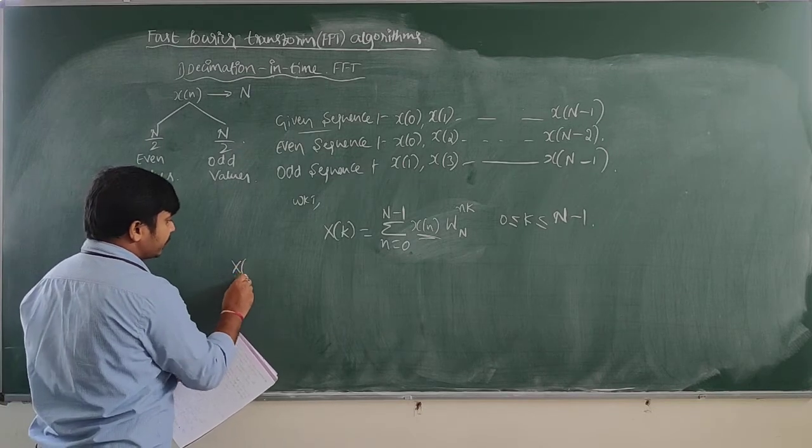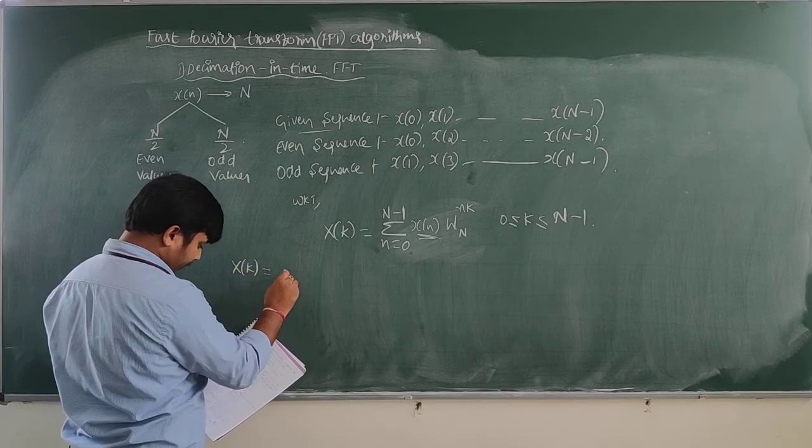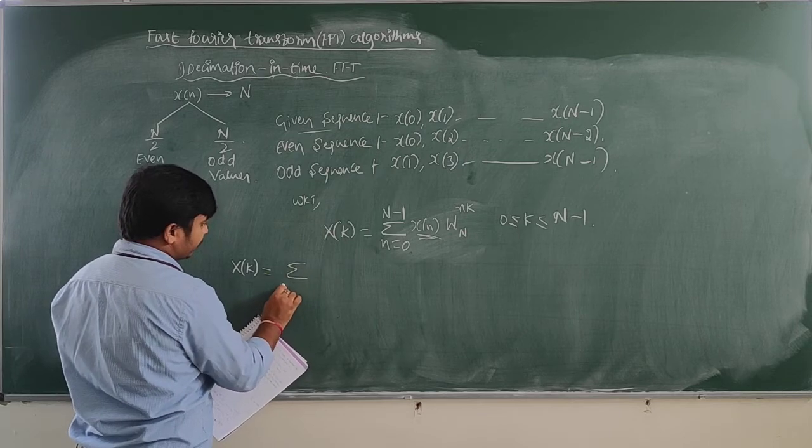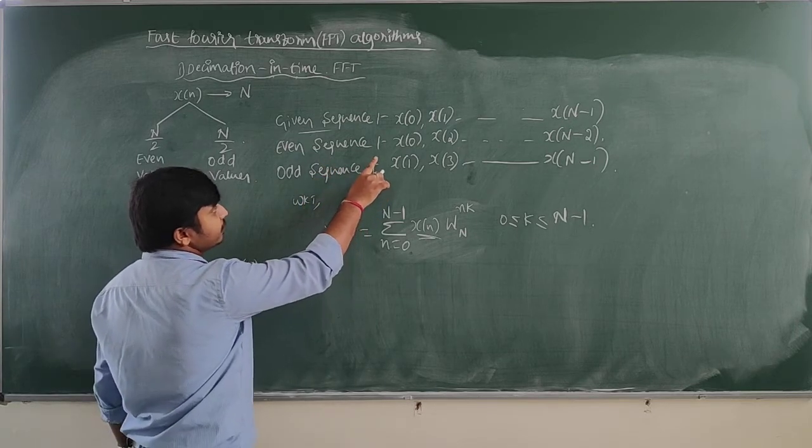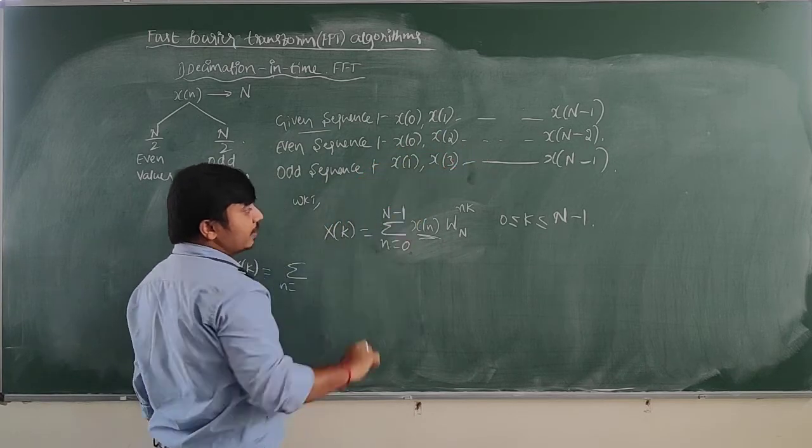So split this x of n into two sequences. First take the even sequence, which varies from 0 to n minus 2.